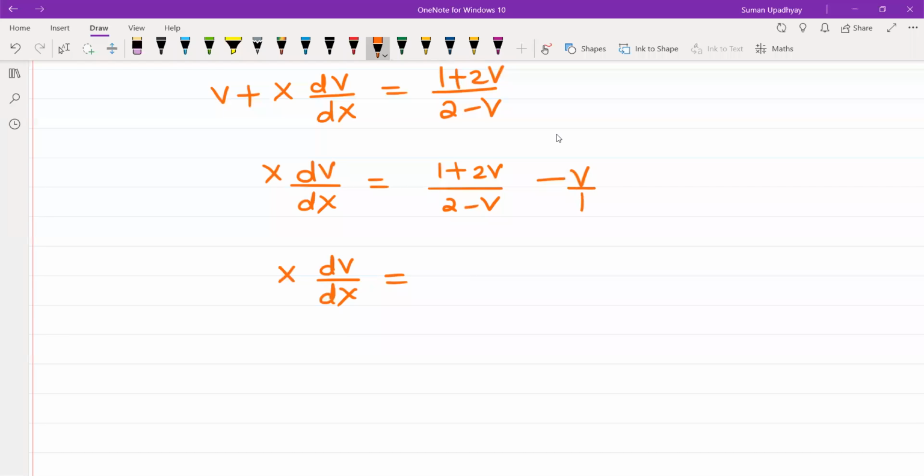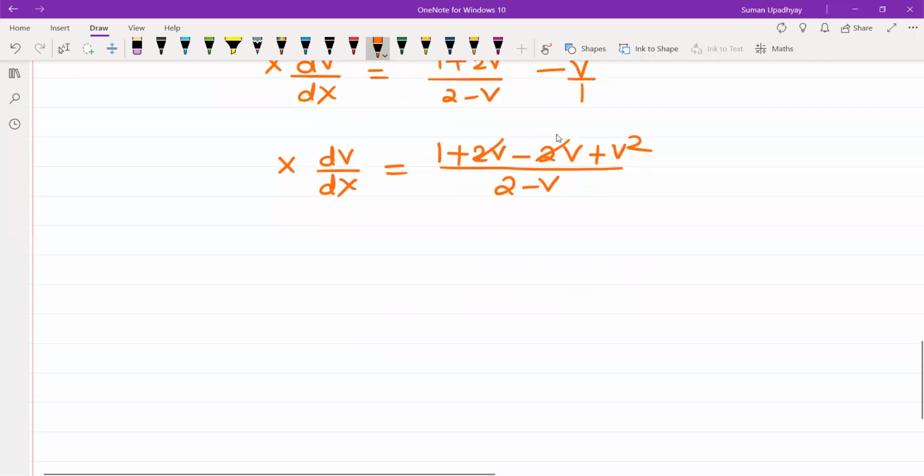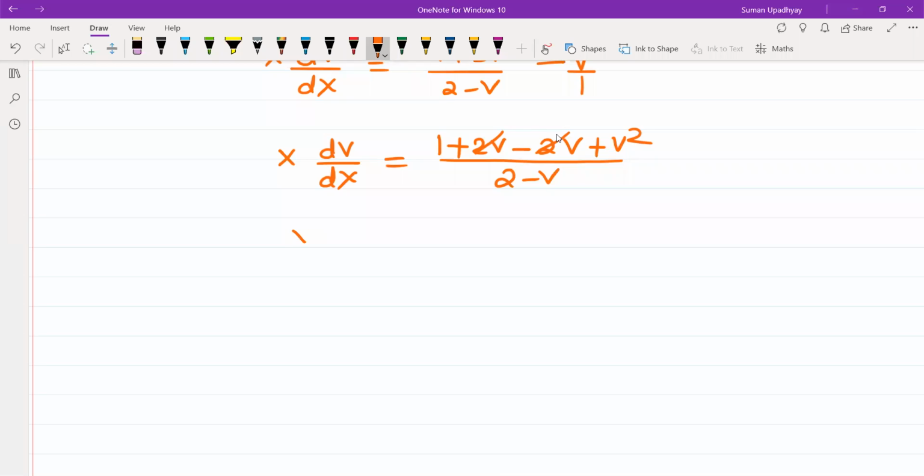Now you cross multiply, V upon 1 is there. So we will cross multiply: 1 plus 2V minus 2V plus V square, upon 2 minus V. Now which term is getting cancelled out? This 2V minus 2V will get cancelled. And what I will get is X dV by dX is equal to (1 plus V square) upon (2 minus V).